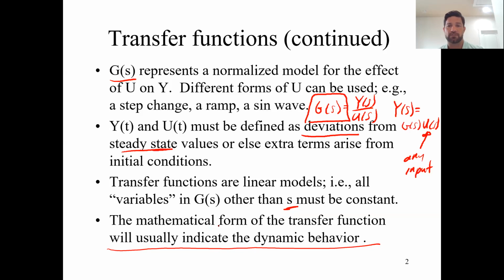So if we know what the transfer function is, we can tell whether or not the process will have oscillations, whether or not the process will be stable, or other interesting characteristics that might be exhibited by the process, right? And this is really what's most useful to understand how the process can change. And you can tell this just based on the form of the transfer function. That's something that we'll look at next time.